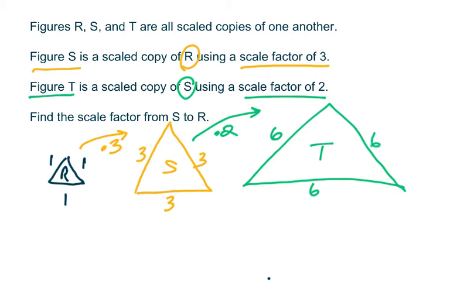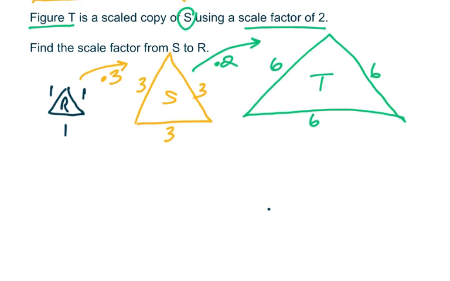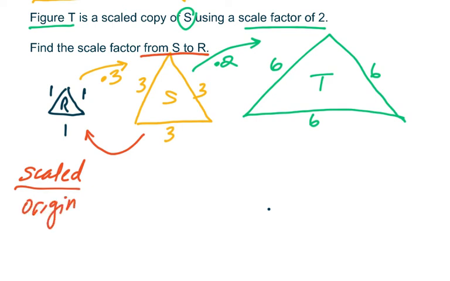So now I can see what I have to work with. It says find the scale factor from S to R. So I'm going from S to R. To do this, I'm going to put my scaled value over my original value, and I'll get those values from a pair of corresponding side lengths.